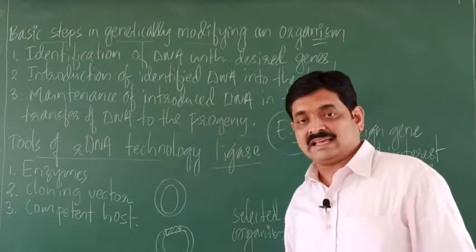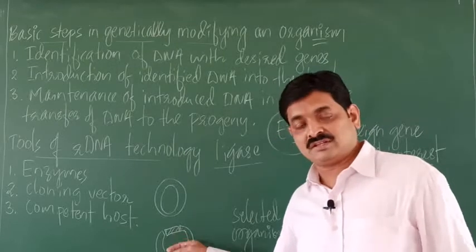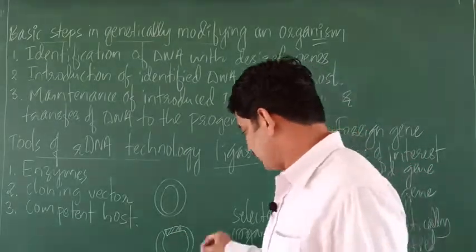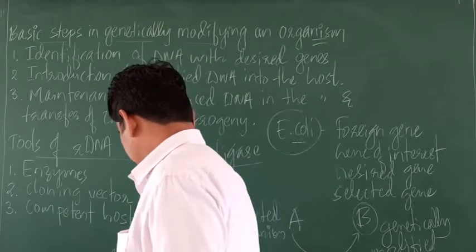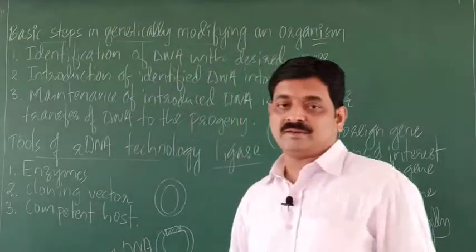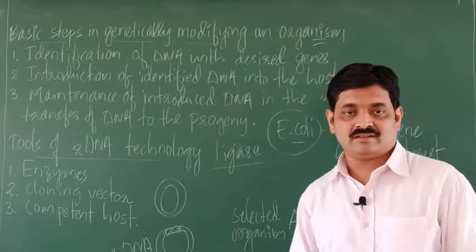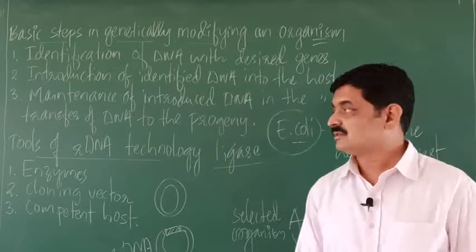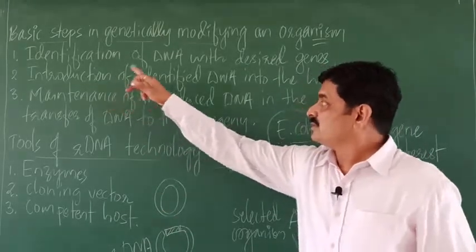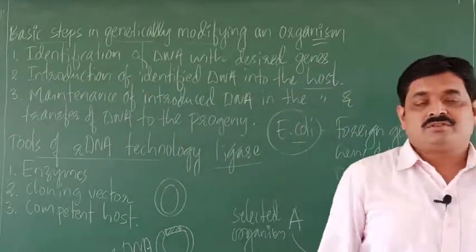With the help of that ligase enzyme, the desired gene is fitted in the plasmid, and you get a recombinant DNA. Now this recombinant DNA is introduced in the host.